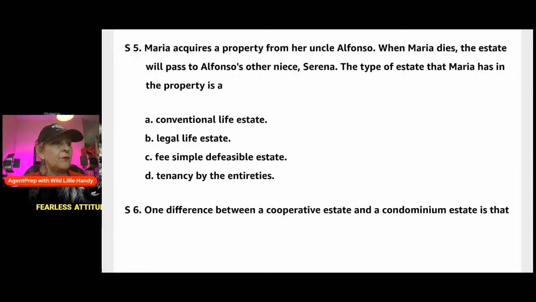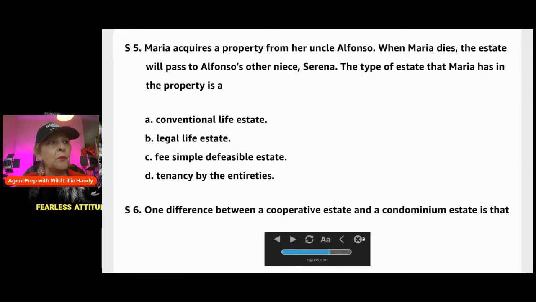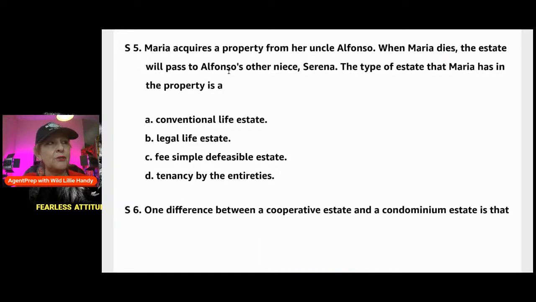Okay, so 4C. All right, number 5. Maria acquires a property from her uncle, Alfonso. When Maria dies, the estate will pass to Alfonso's other niece, Serena.